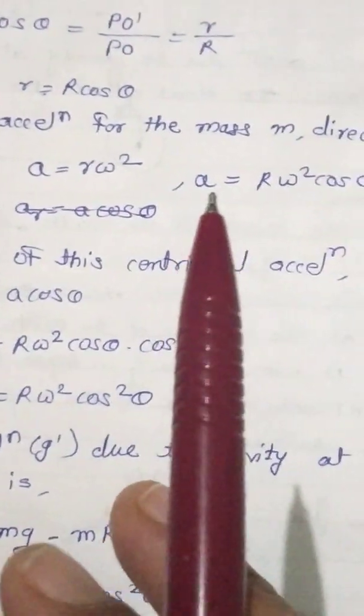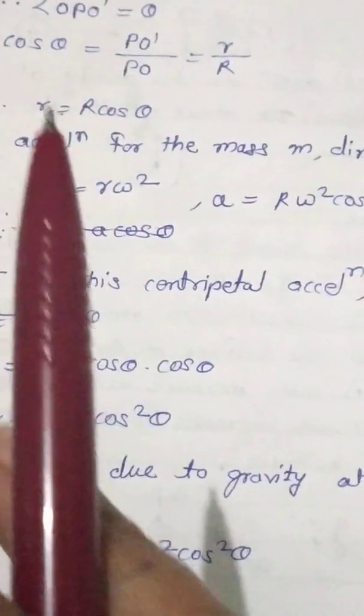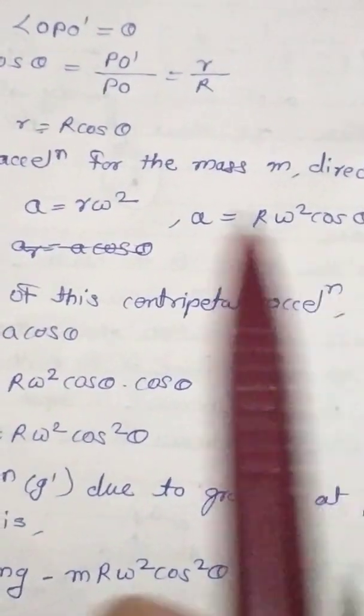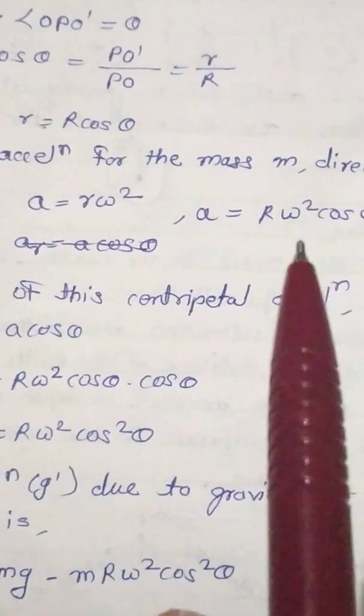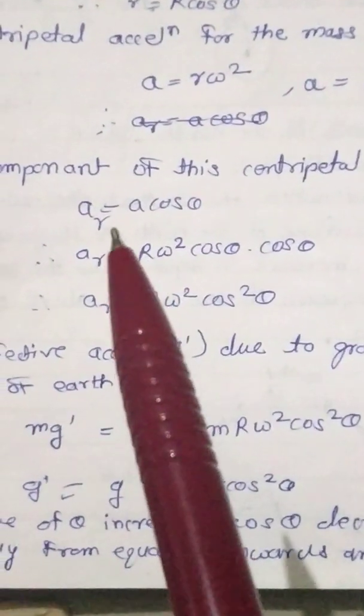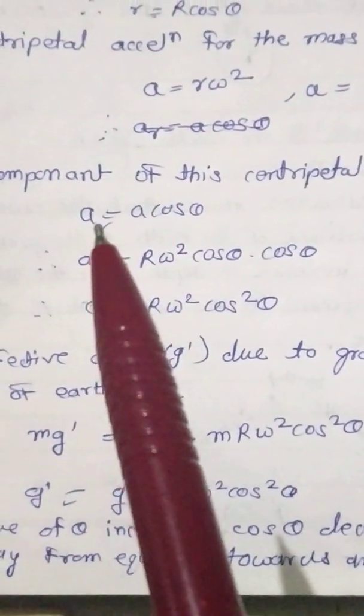So small a is equal to, putting the value of small r, R cos theta into omega square. The component of this centripetal acceleration, a_R, is equal to a cos theta, because this acceleration is toward the center of the earth.